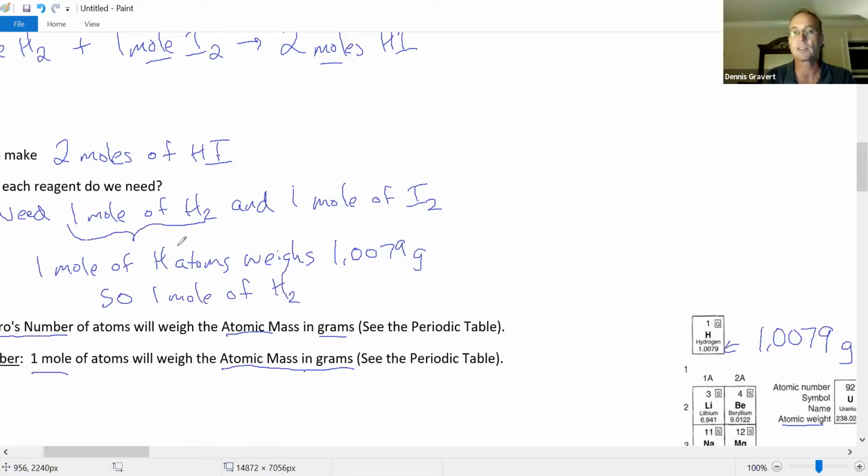That's what I want, hydrogen gas. Well, how many total hydrogen atoms are there? Well, every molecule has 2. There's 1 mole of the molecules, so just multiply the atomic mass, the atomic weight, by 2 moles.